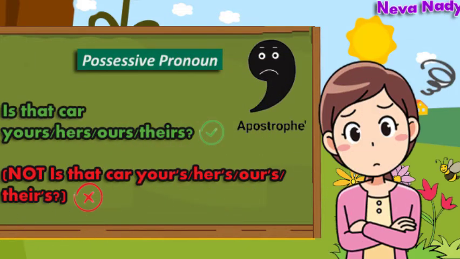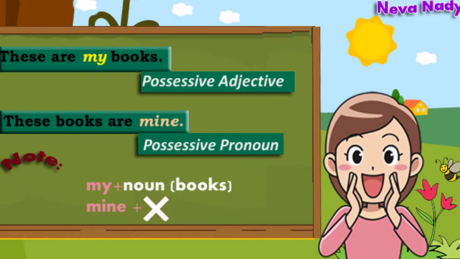Be careful. Possessive pronouns don't have an apostrophe. Examples: these are my books. My here is a possessive adjective because it is followed by a noun. These books are mine. Mine is a possessive pronoun because it is not followed by a noun.